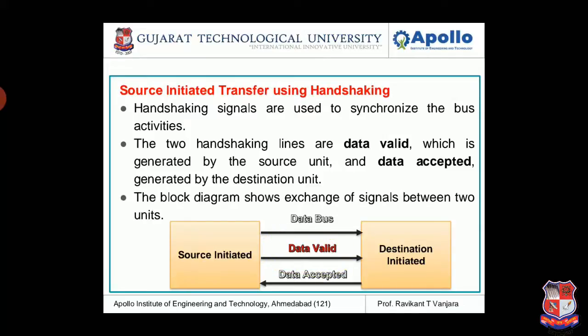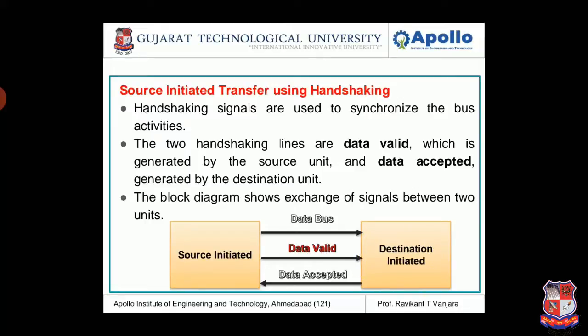This data valid signal indicates to the destination unit that data is being placed on the data bus. The destination unit accepts the data and gives an acknowledgement to the source unit by sending the data accepted signal. Now the source unit comes to know that data has been accepted by the destination unit.